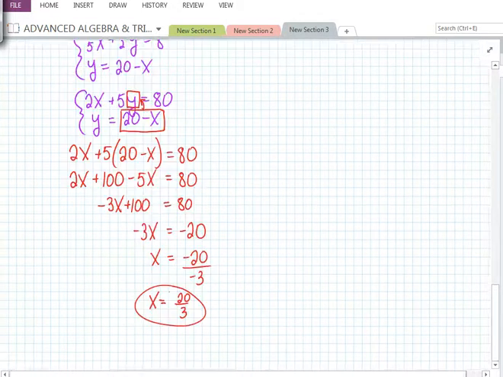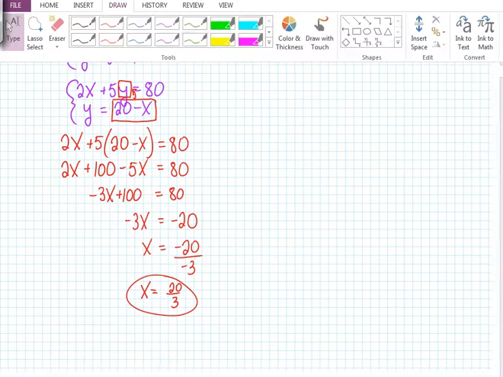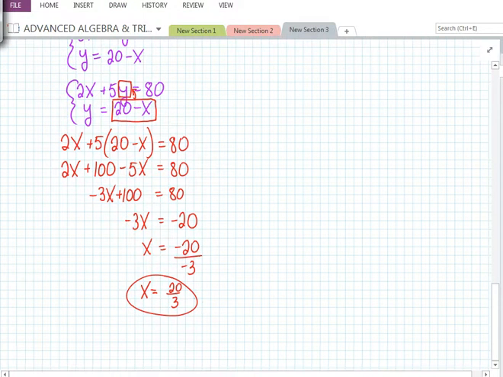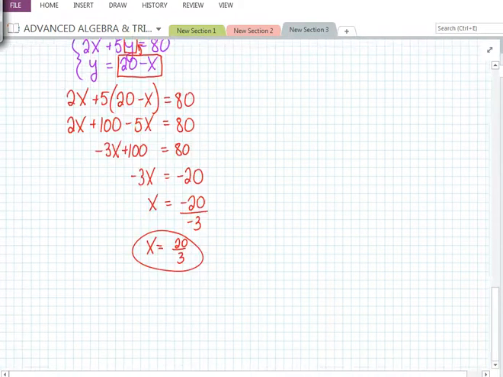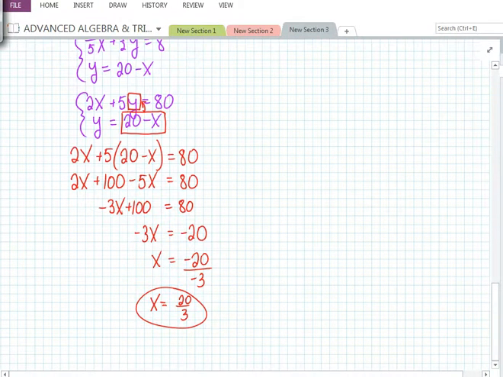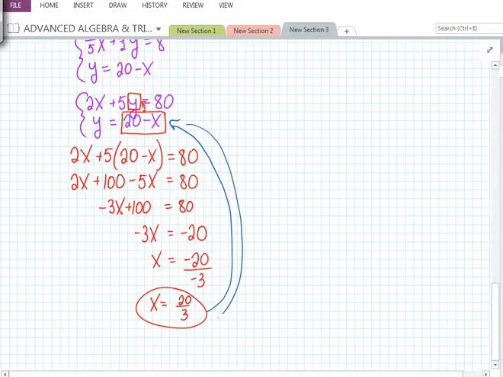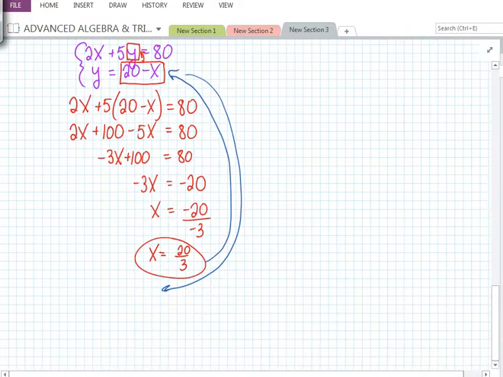Now we're not done. We need to go back up into the original equation and solve for y. Use common sense and use the easiest equation possible. The easiest one in this case is this equation, and I typically just draw two arrows, so this is where I'm going to pick up.